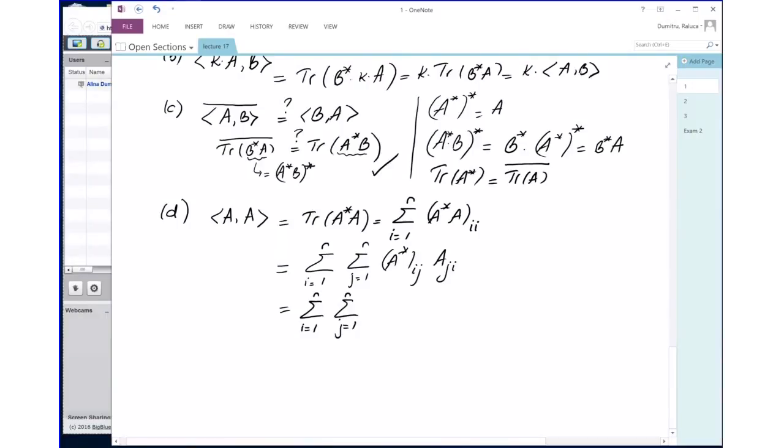What is A star ij? How do you find the ij entry of the adjoint? It's the ji entry of A, and then also complex conjugate. Okay, but what we've got in the end is this.